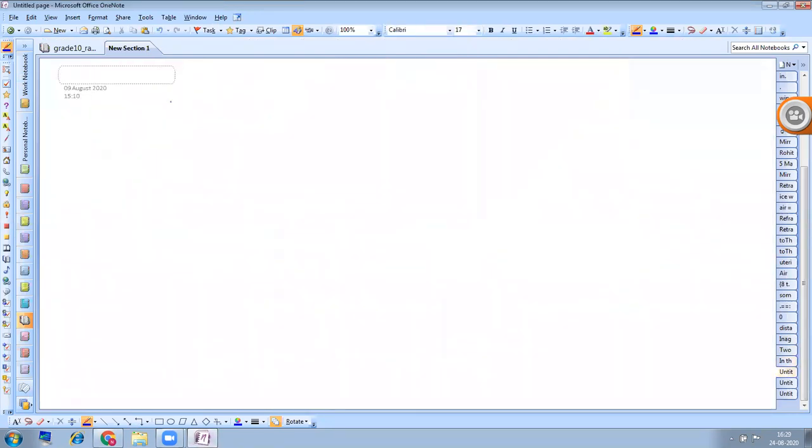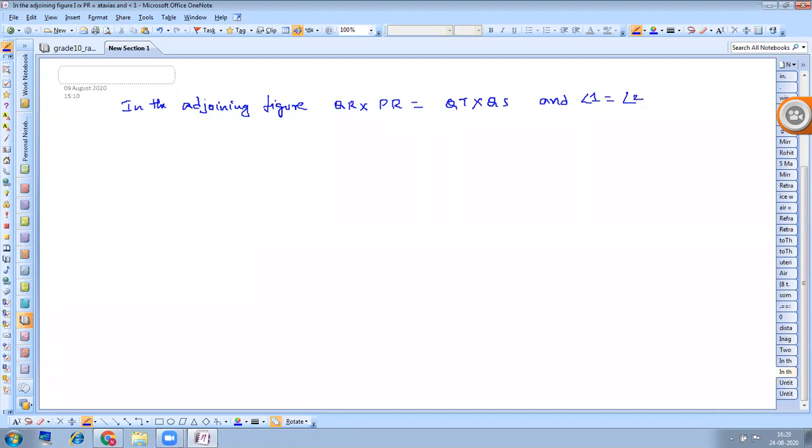In the adjoining figure, QR into PR will be equal to QT into QS, and angle 1 is equal to angle 2.